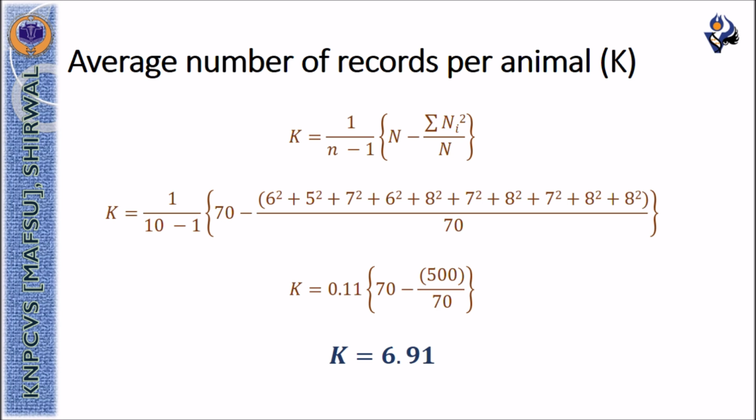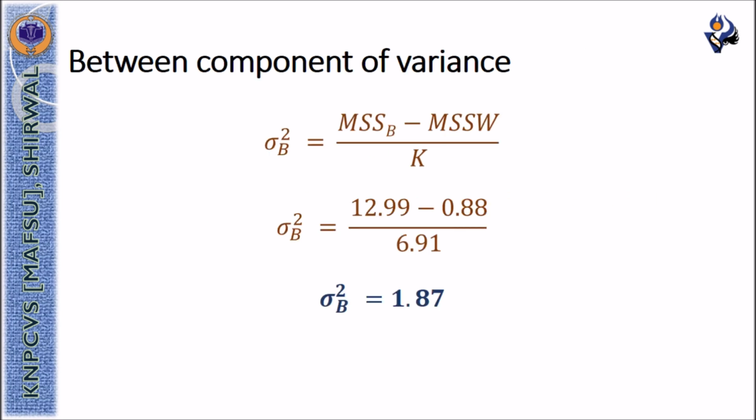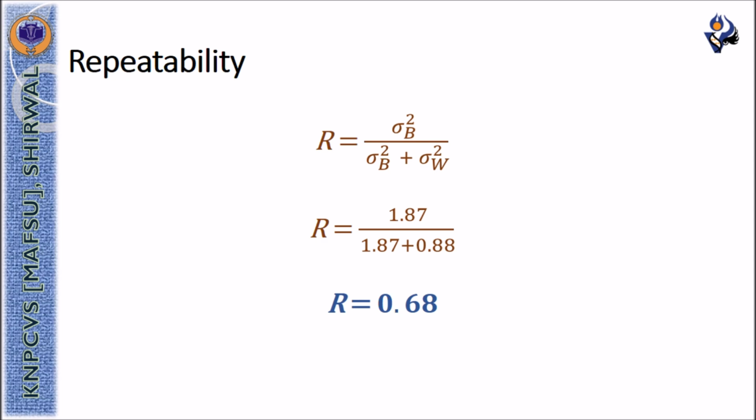Here, in this example, since the number of progenies per sire are unequal, we are calculating K, the constant, using this formula to get a value of K as 6.91. Therefore, the between component of variance comes to 1.87. Now, the repeatability estimate can be calculated as 0.68 for this particular example.